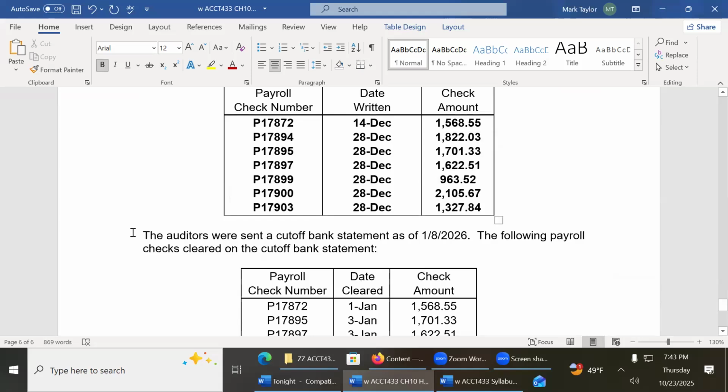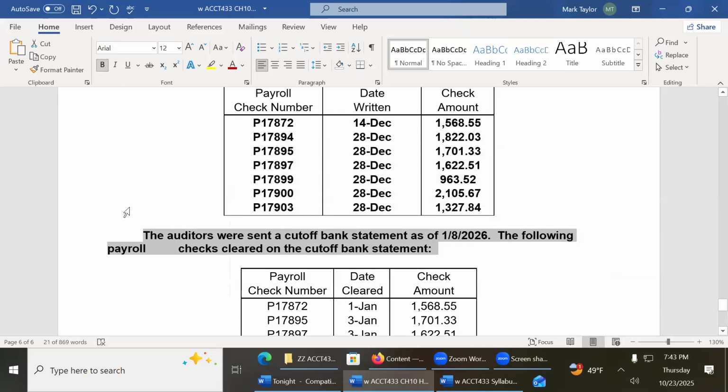Okay, we get a cutoff bank statement. Here's our cutoff bank statement. Now, most of these should clear, right?